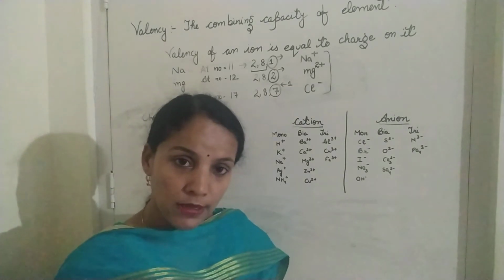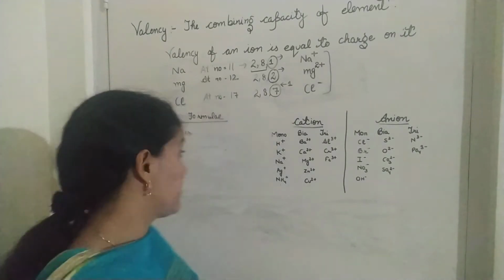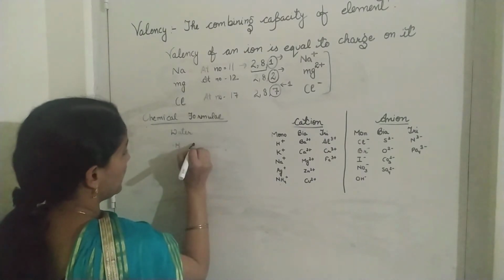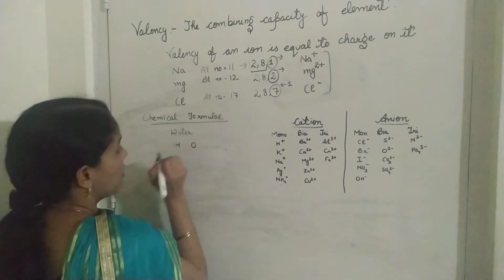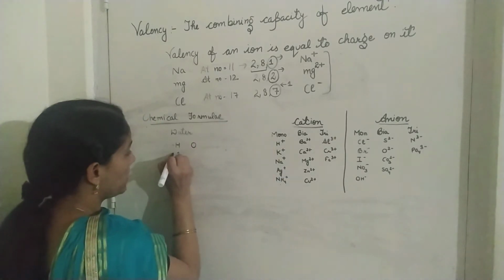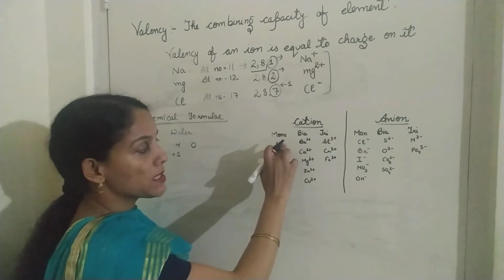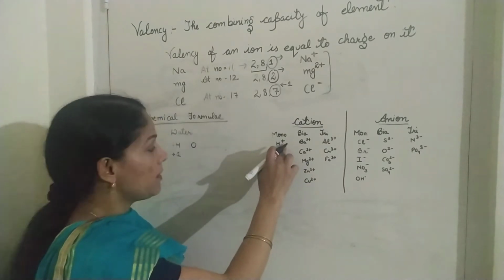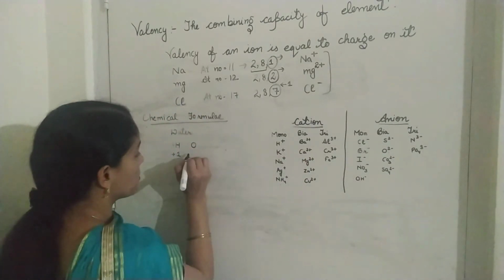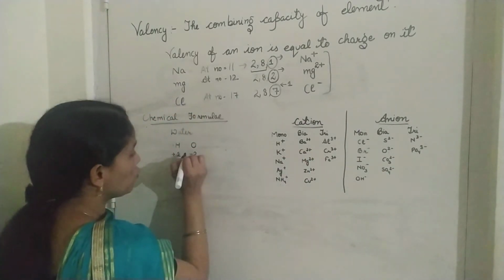One is hydrogen and second is oxygen. What is the valency of hydrogen? That is 1 plus. Why plus 1? Only a positive sign is given here. For oxygen there are 2 negatives. So valency is 2 negative.